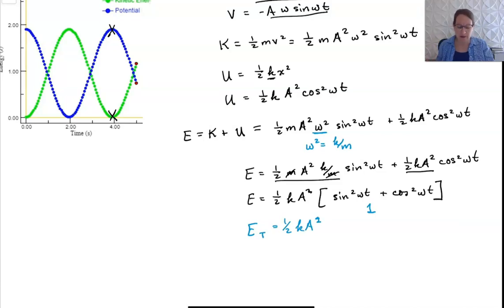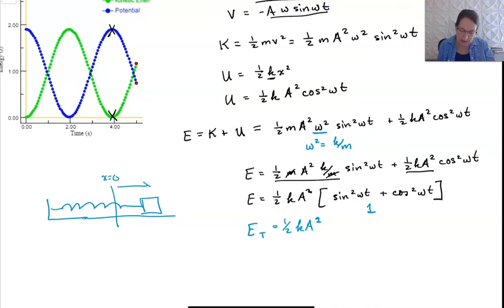So if I think about this, when I take my spring and I stretch it, so there's the x equals 0, and this is my stretched amplitude, amplitude being the peak value, so this would be A, that would be the peak value if I do x versus t.